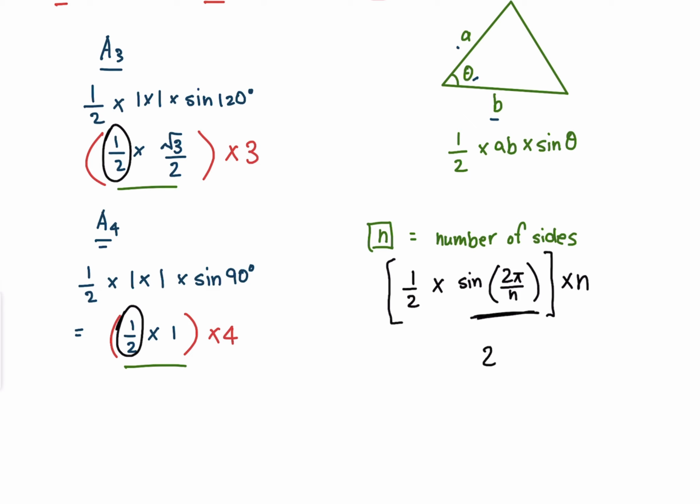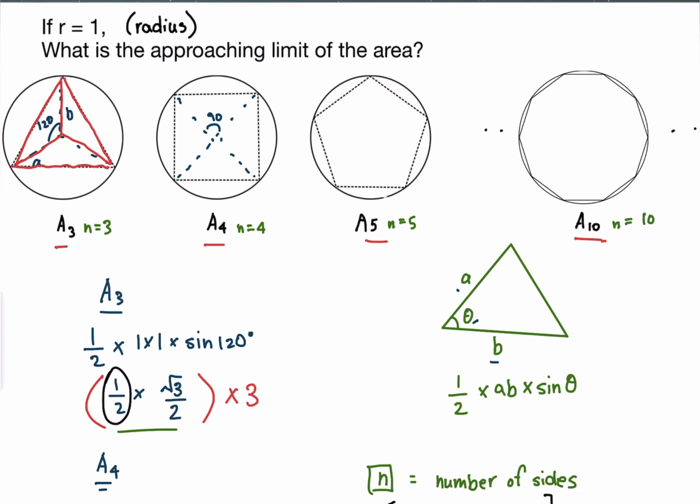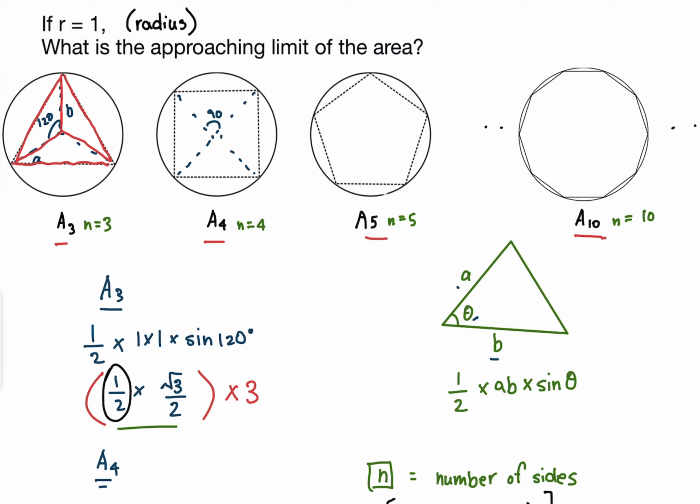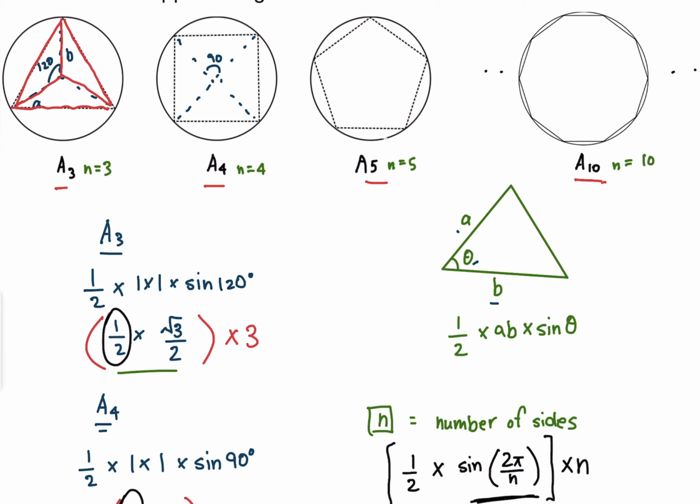Now sine 2 pi by n. So 2 pi is 360 because the value of pi is 180 degrees. So 360 divided by n, which makes sense because the number of sides is also the number of triangles in the polygon, meaning that we would divide 360 by the number of sides in the polygon.